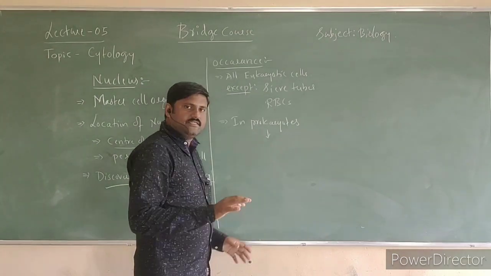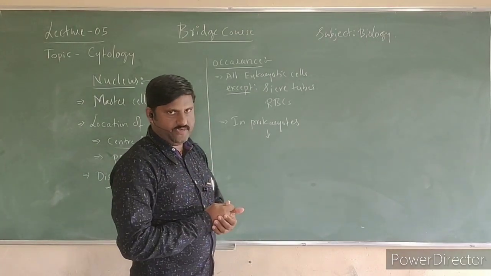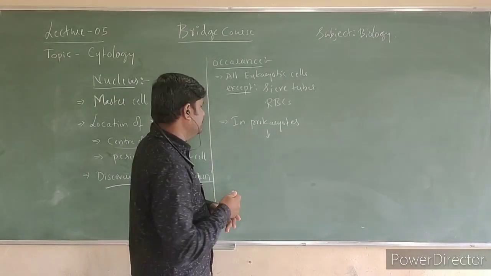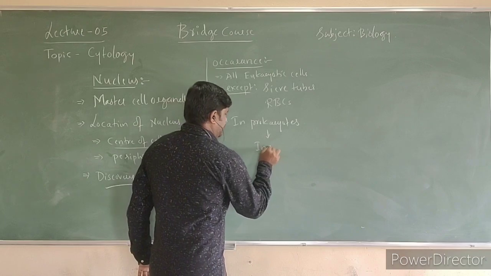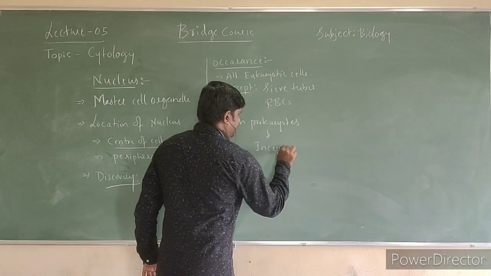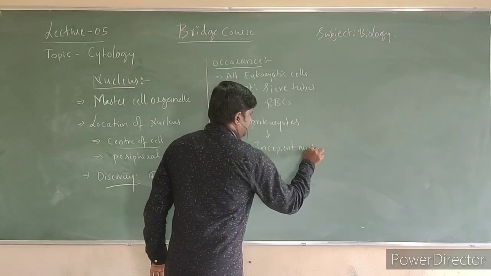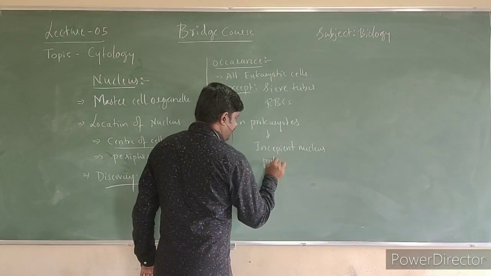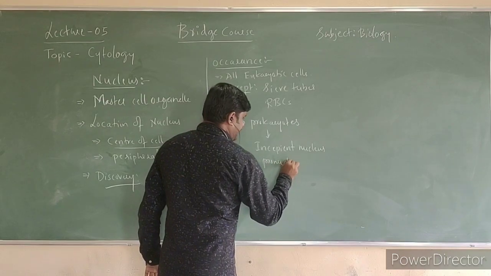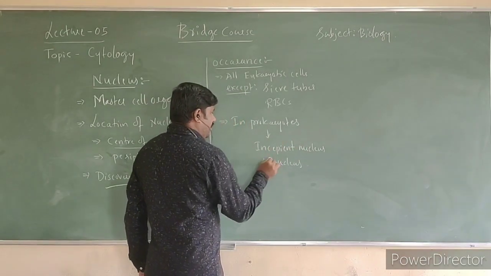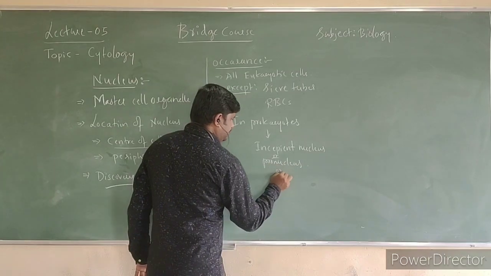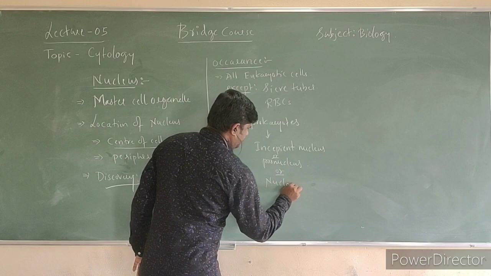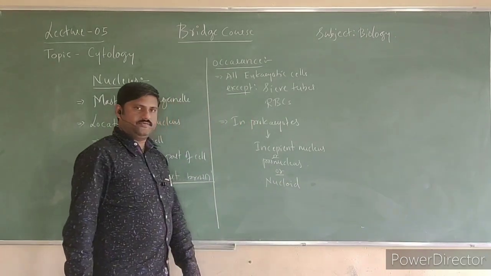The nucleus doesn't have any nuclear membrane, and such kind of nucleus is called an incipient nucleus, or it is also called a pro-nucleus, or it is also known as a nucleoid.